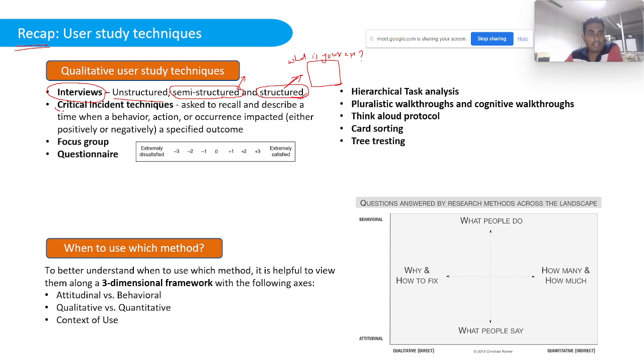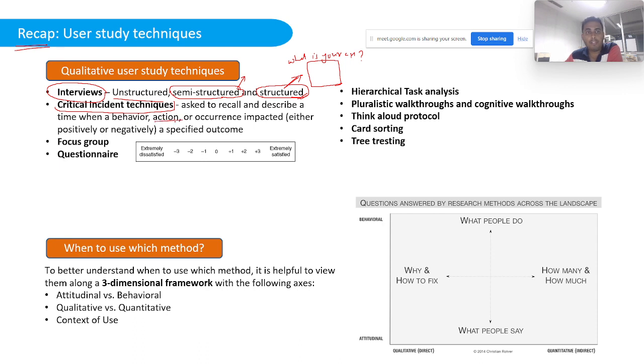Then we learned about the critical incident technique, which is a way of conducting interviews or other inquiries where we ask the user to recall and describe a time in the past where a particular action impacted them positively or negatively.